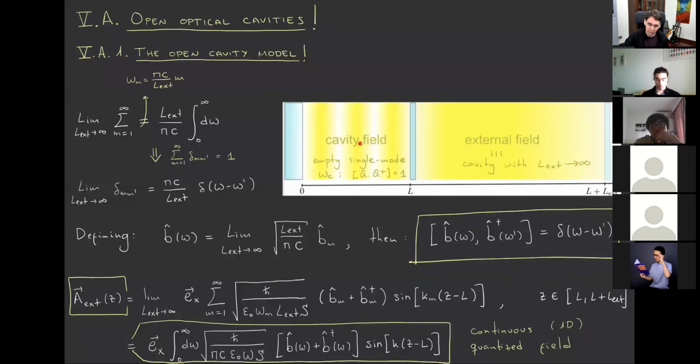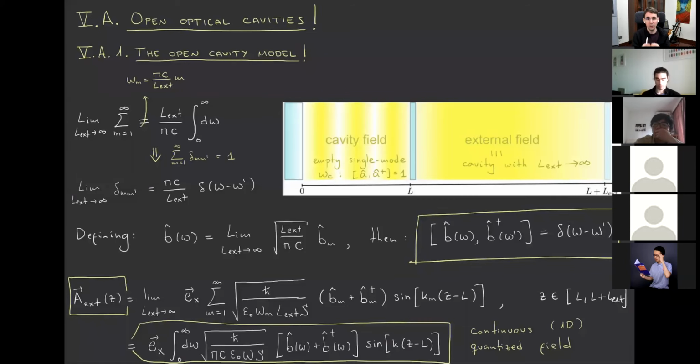However, if the frequencies are very different compared to the coupling to the environment, you still can assume that only the frequencies of the environment around that specific cavity resonance will contribute to the interaction with that specific frequency mode, okay?